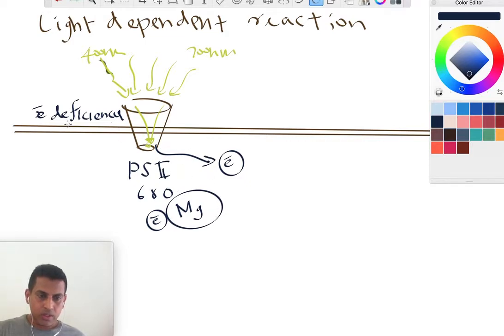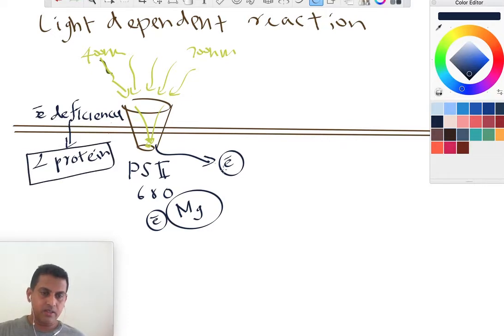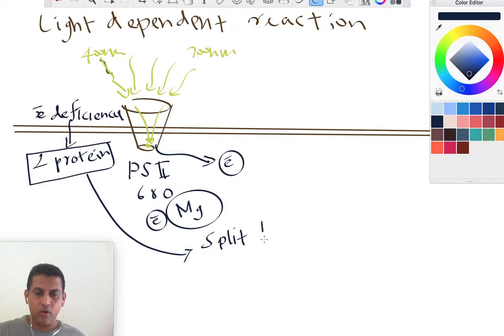This Z protein, which is a part of the photosystem, is stimulated by the electron deficiency, and now what this Z protein is going to do is split the water molecule.